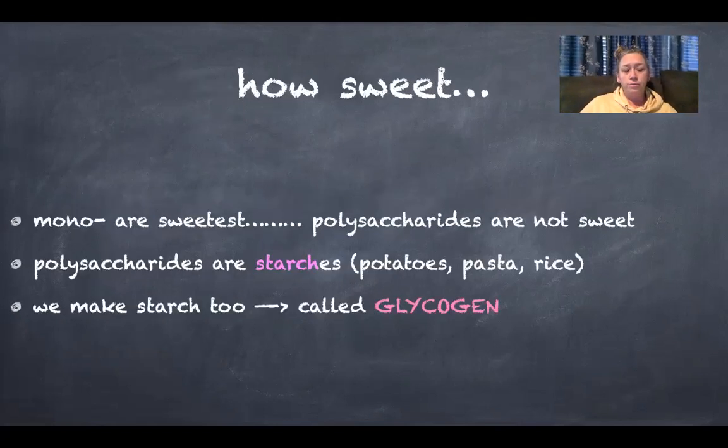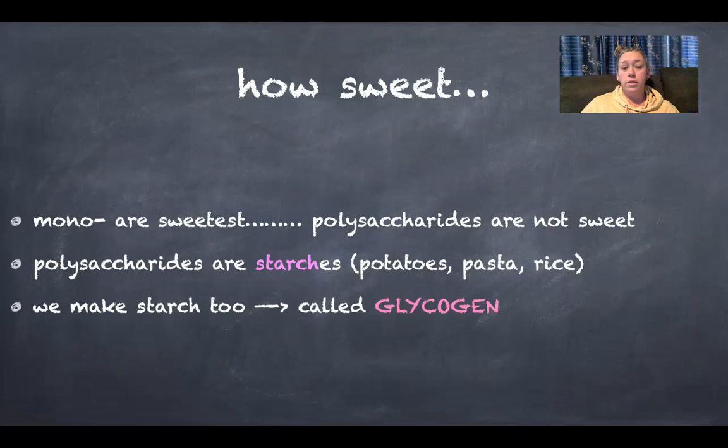Okay, so they talked about how sweet sugars are. As soon as we hear the word sugars, we think, well, it must be sweet. And it is true to some extent. Monosaccharides are sweet. When we eat glucose, table sugar, we sprinkle it on our strawberries, it's sweet.